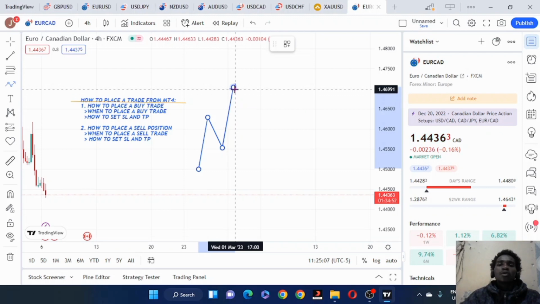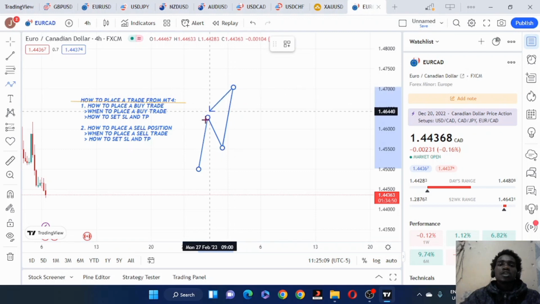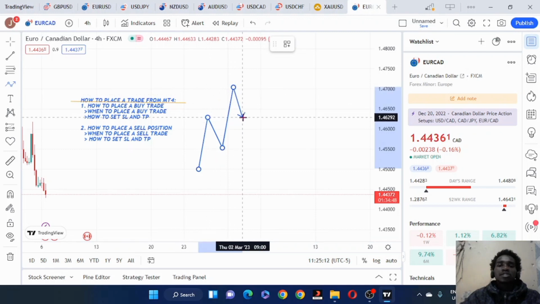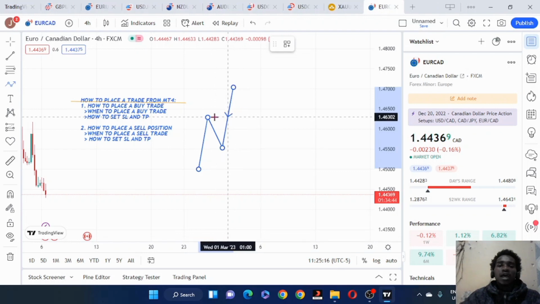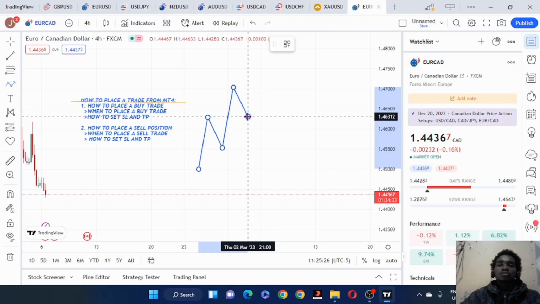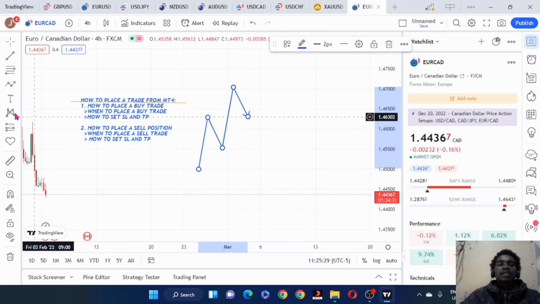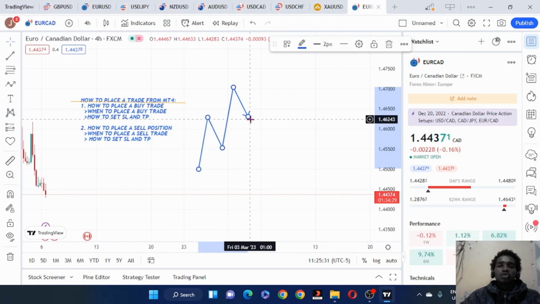Then you are waiting for the market to make a retracement, aligning itself with the previous high, which was the previous resistance, now broken and turned into support. You want the market to come into that position.